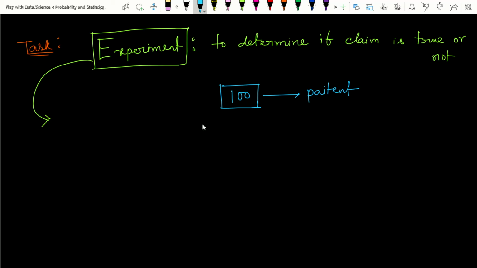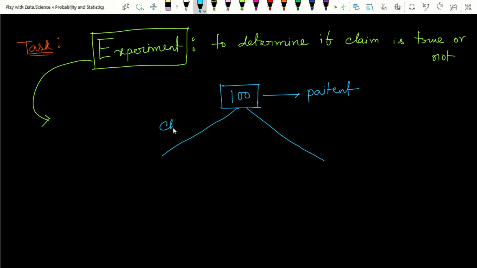100% we will choose, and randomly we will select 50% for drug 1, and the rest of the 50% patients will be taken for drug 2.